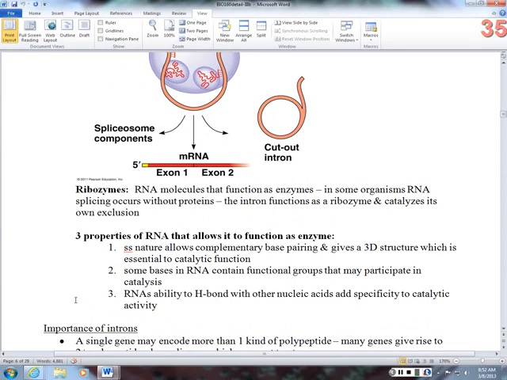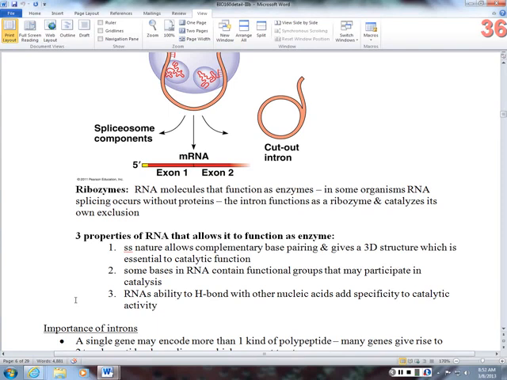So why can RNA act as an enzyme? Its single-strand nature allows it to have complementary base pairing. Because you have only one strand of it, and you've got A, U, G's, and C's in there, it can potentially bind with other A, U, G's, and C's on the other side.